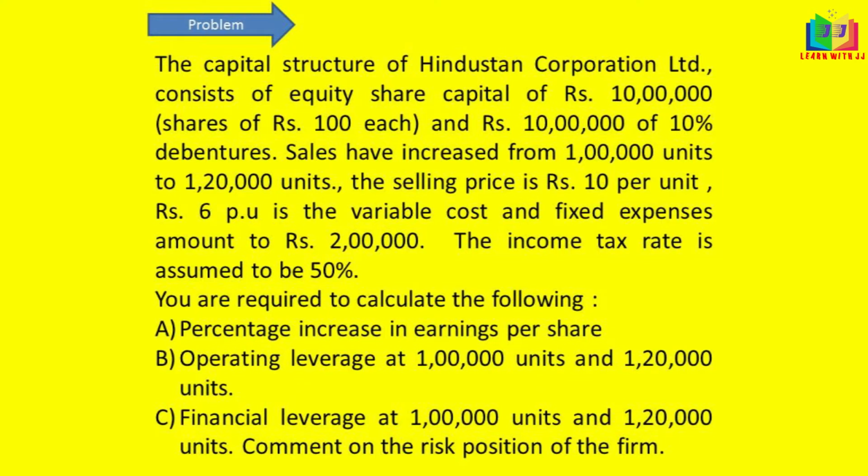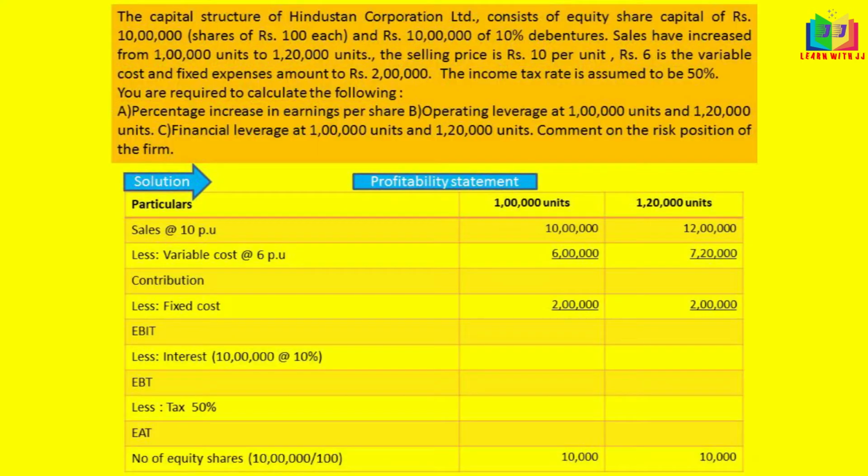In this problem we have the information. We'll start doing the problem now. First we'll write the information available. First we'll write sales. The selling price is 10 per unit, and number of units is 1 lakh, so 10 into 1 lakh gives 10 lakh, and for 1 lakh 20,000 units it is 12 lakh.